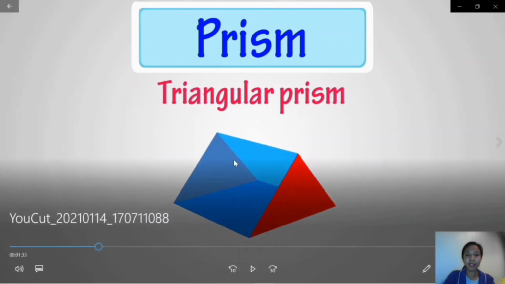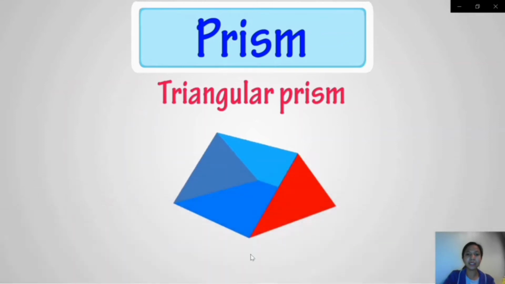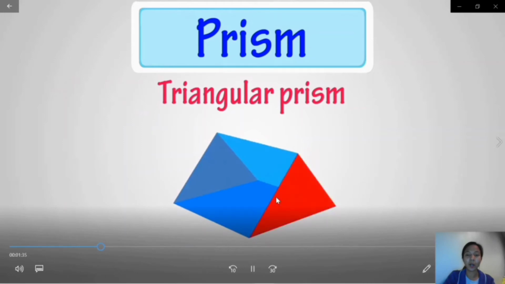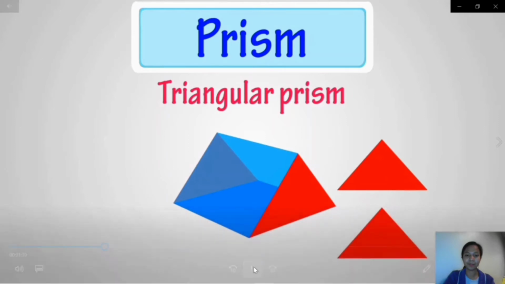And this face, the face here, and the base are in rectangle shapes. Because this face and the face at the back are triangles, it is called a triangular prism.